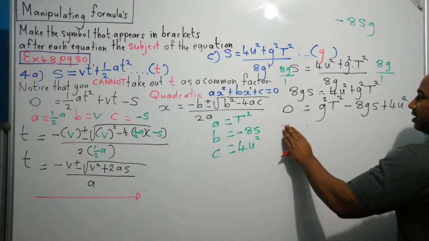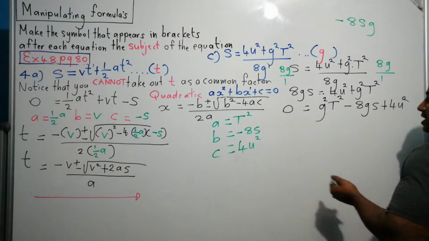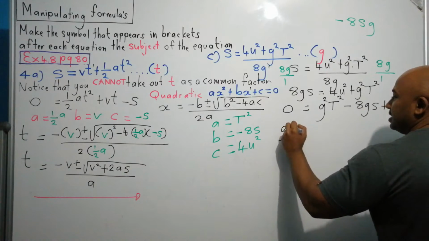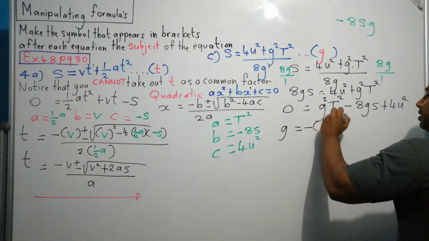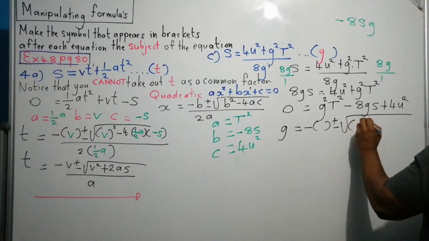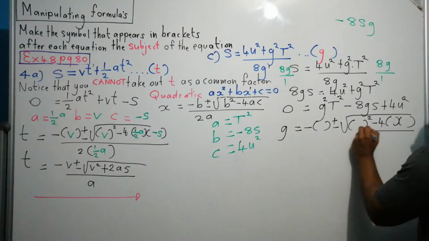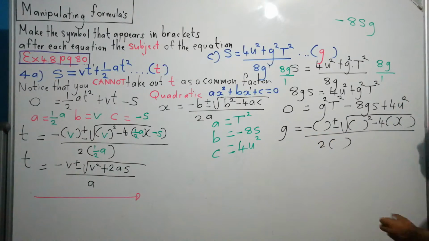So now once you've got your a, b, and c, you're certain, then you write down the quadratic formula. Sorry, not x. We are working out g. So g is equal to minus b plus or minus the square root of b squared minus 4 times a times c, all divided by 2a. So let's substitute.